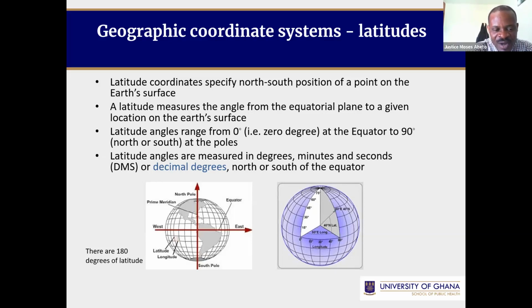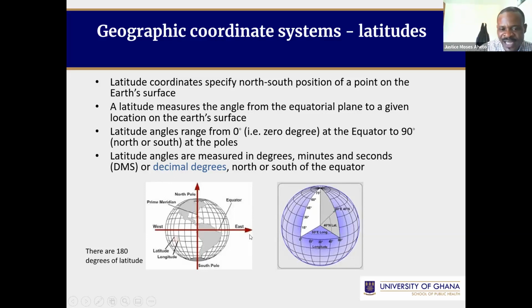In fact, there are 180 degrees of latitude. As you can see, you have the North Pole, the South Pole, then you have the equator. The North Pole is the one at the top here, the arrow pointing to the top. If you come to the southern part, you have the South Pole here.